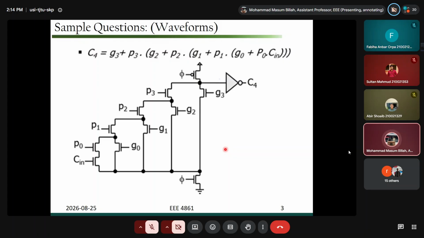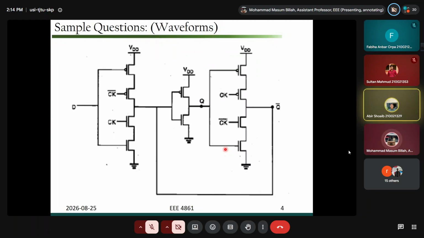Every question will have A, B. Only one question will have A, B, C. Is that clear? Yes, sir. Okay, please note it down because I cannot write it here, but you can remember it that way. So from your adder logic, you will have a full 30 marks question.